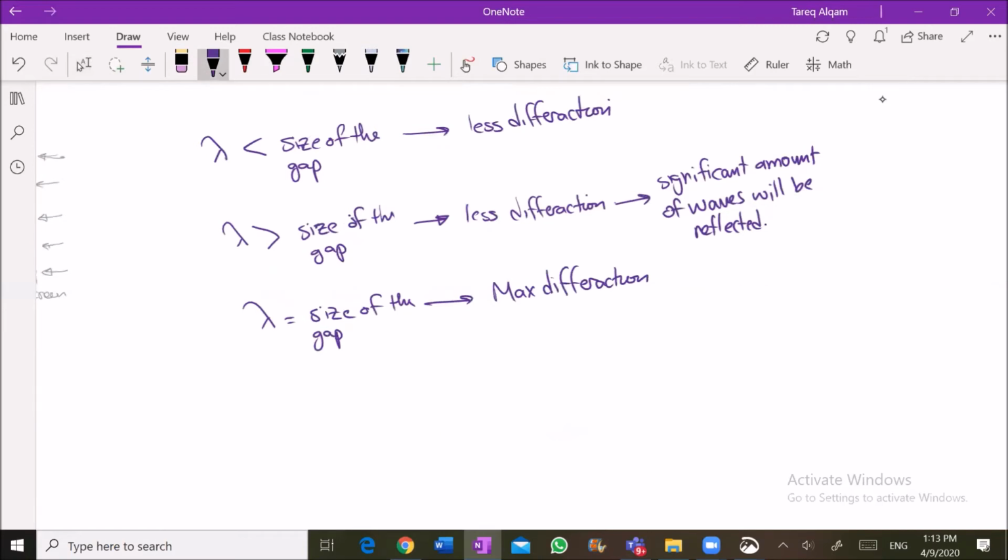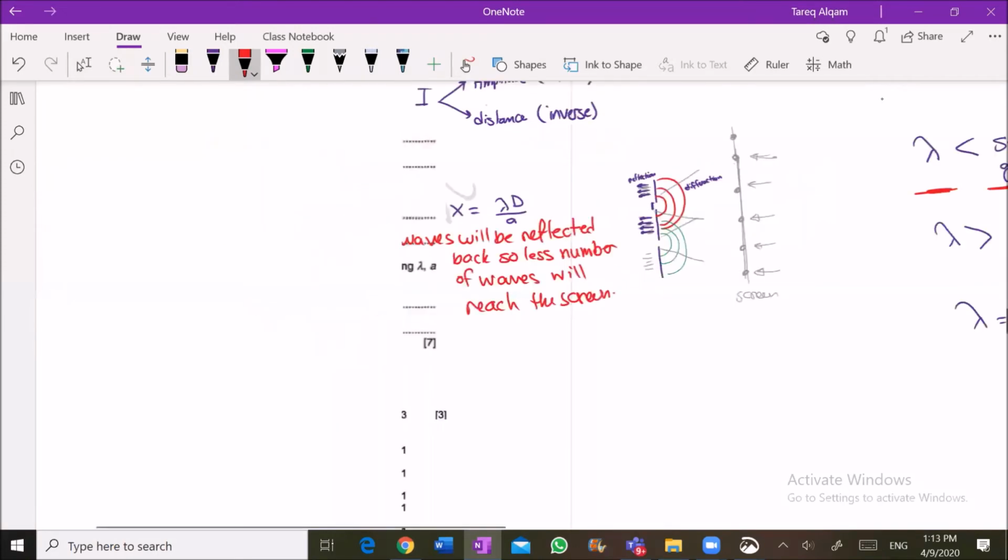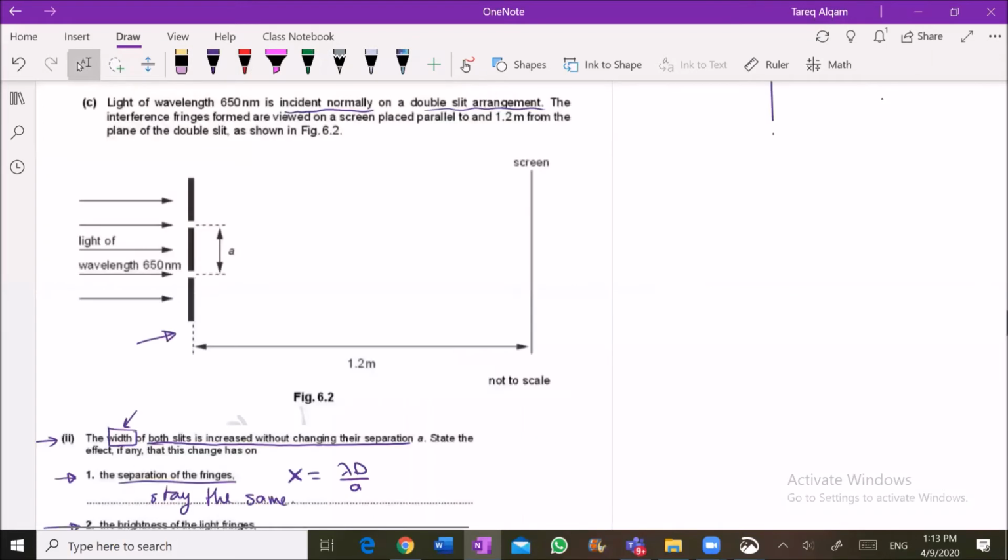If I increase the size of the gap like this, lambda more than lambda, what we will get? We will get less diffraction. What does this mean, guys? And if I have less diffraction, instead of the light to be spread on a larger area like this, it will be spread in a smaller area.